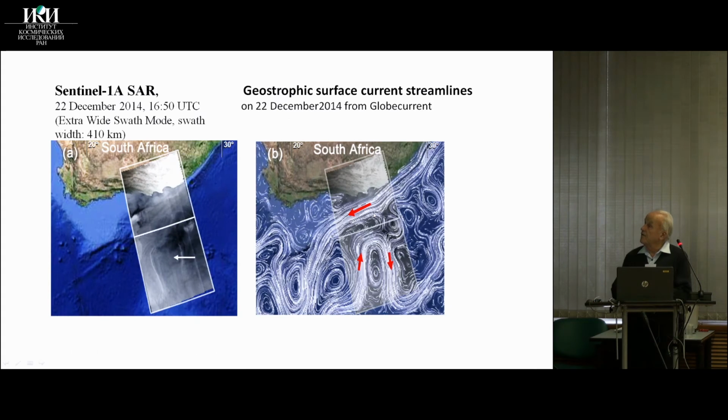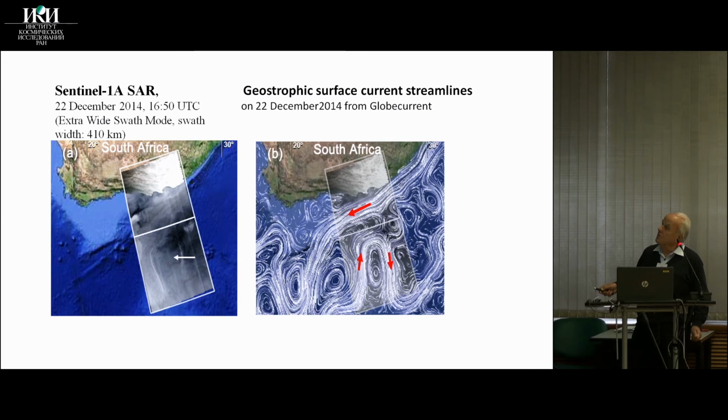and maybe I focus again on this SAR image, where we made a scan through this feature, and indeed the increase of the radar cross-section across the front was about 2 dB, and also here. You see that in this area, the radar looks in this direction, and you get then no modulation here.